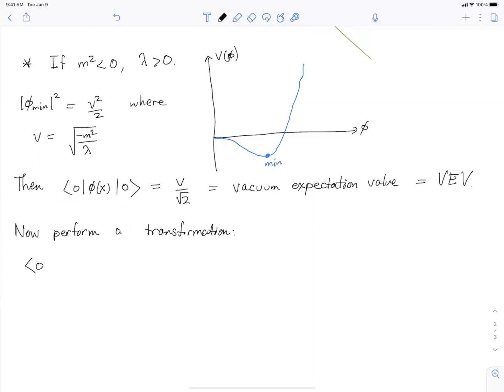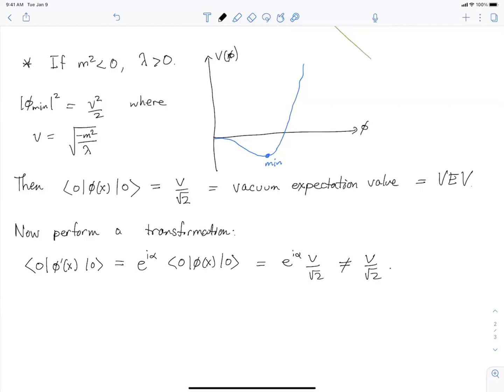So now we're calculating phi prime of x, and that's just e to the i alpha times the thing before the transformation, which is e to the i alpha v over square root of 2, which is not the same thing as v over square root of 2.